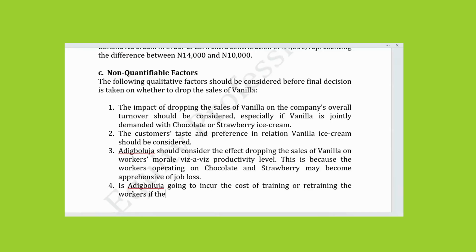if they are redeployed to other segments like chocolates or strawberry.